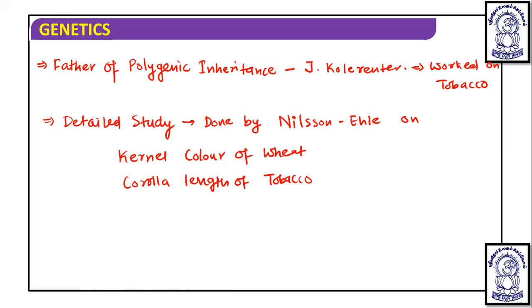In kernel color of wheat, the kernel color is controlled by two genes.